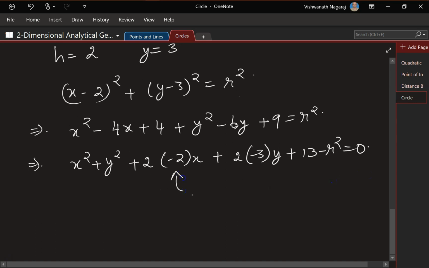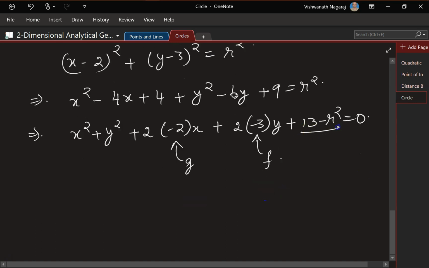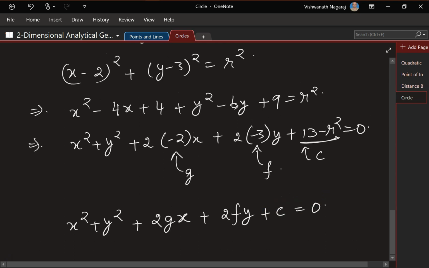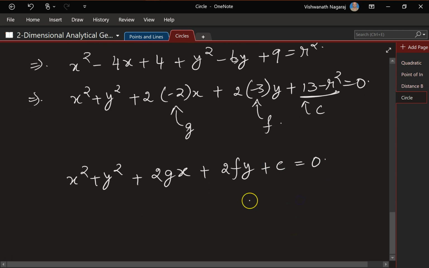Now let us say this is g, this is f, and this is c. Then our equation becomes x square plus y square plus 2gx plus 2fy plus c equal to 0.